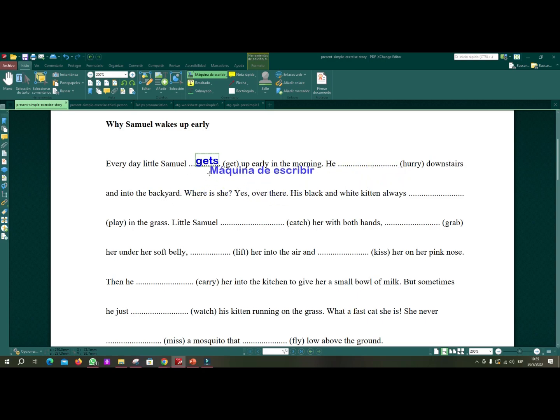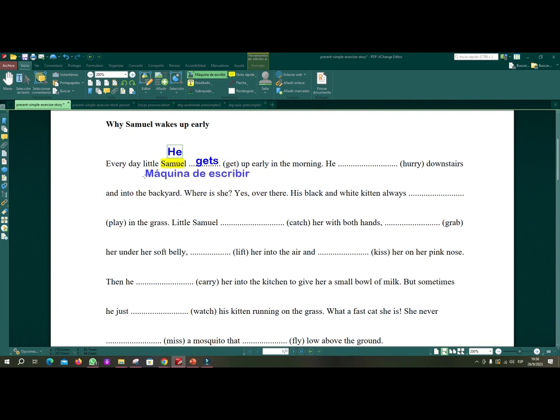¿Por qué le agregamos S? Verbo que termina en T, ¿verdad? Por lo tanto, de acuerdo a las reglas, le agregamos solamente la letra S porque estamos hablando de ¿quién? De Samuel, que es tercera persona singular. Si nosotros queremos sustituir Samuel, podemos utilizar el pronombre he, es tercera persona singular.